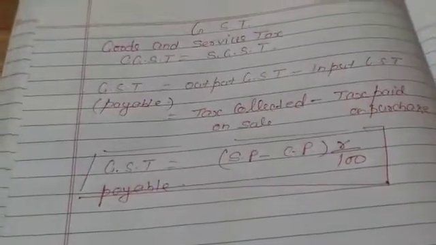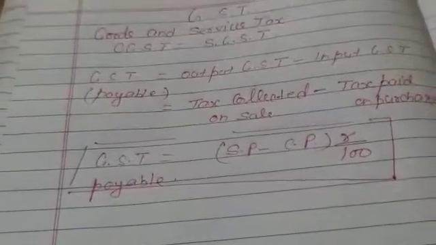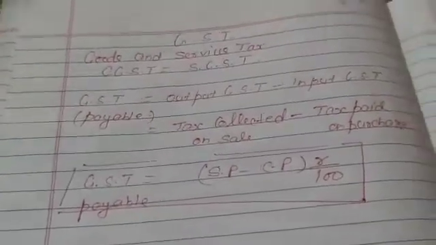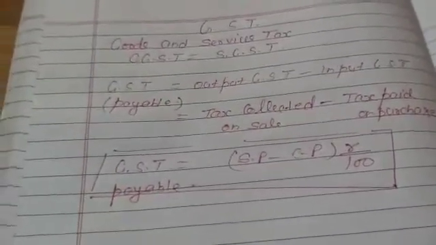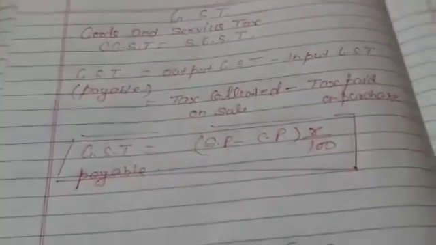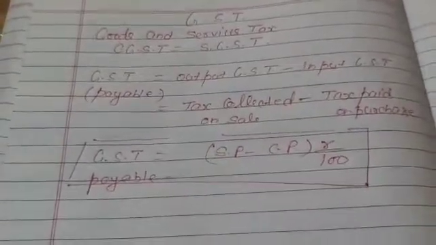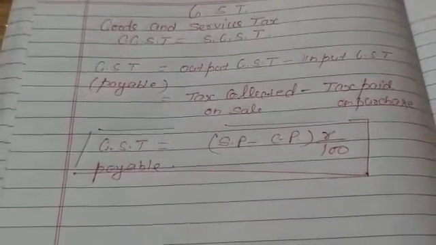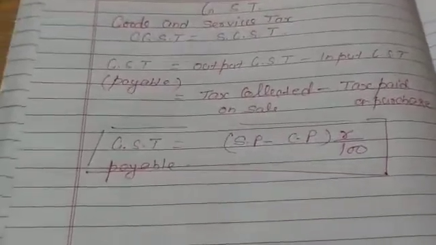Now let us understand what the output GST is. Output GST is a tax which is calculated on the sale of the article, while input GST is a tax calculated on the purchase of the article.